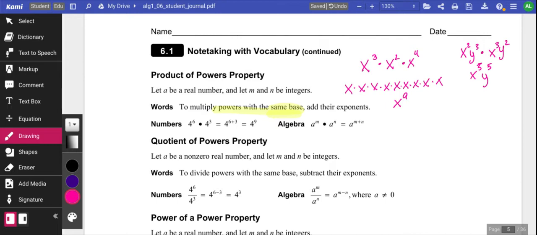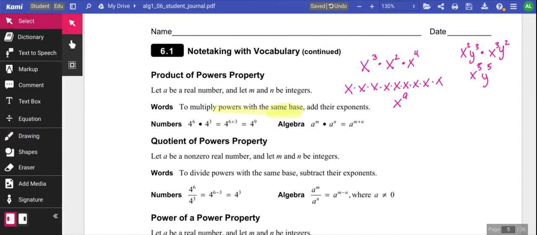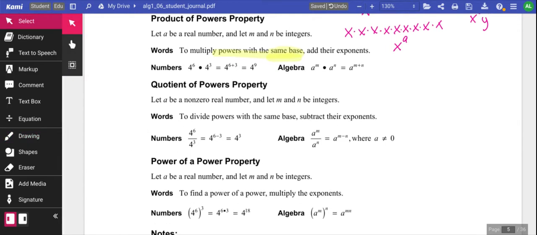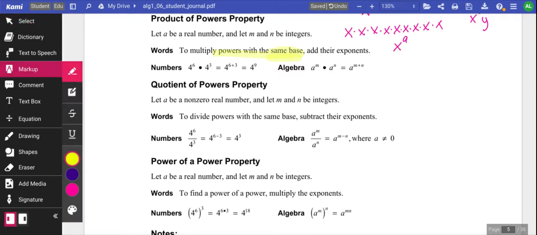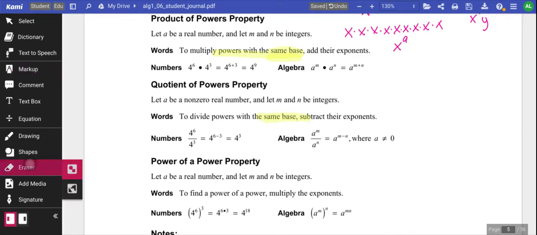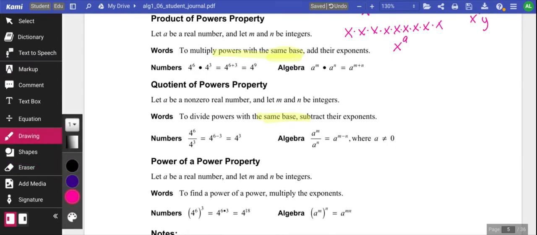Now we have a similar one over here, this quotient property. It's basically the same idea, but instead of multiplying these two things together, you're dividing. Okay, when you have 2 here with the same base, now you're going to subtract their exponents. Okay, so here's how I do this. I'd say, okay, I've got x to the 5th over x squared.